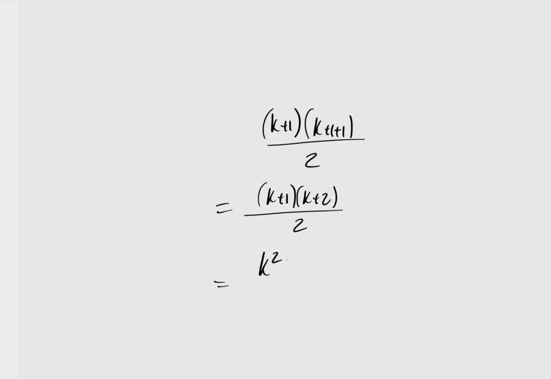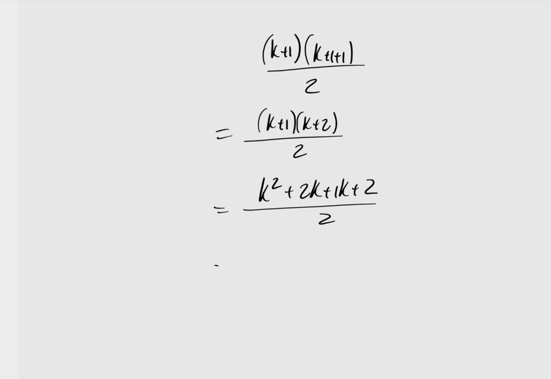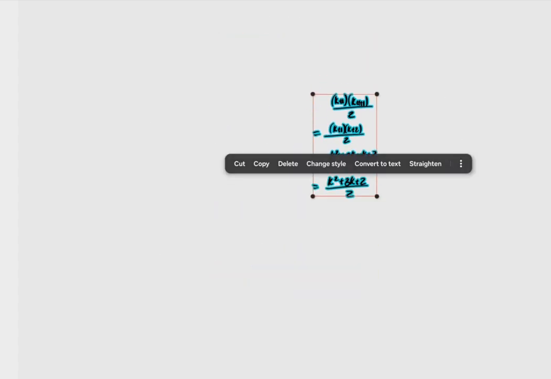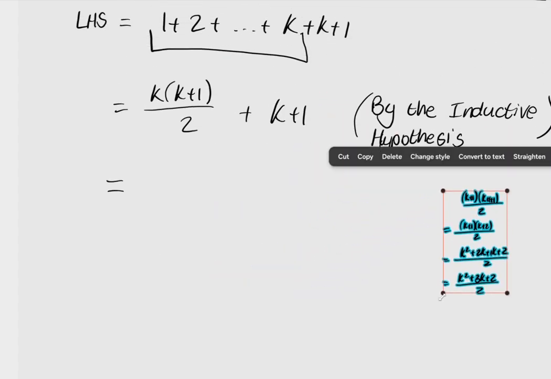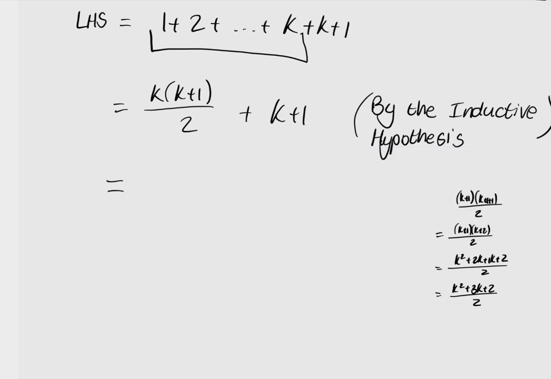Then we simplify: k squared plus 2k plus k plus 2, which is equal to k squared plus 3k plus 2. Keep this in mind. I'm just going to put it off to the side. Since I'm not doing this on paper, I have the luxury of dragging and dropping things wherever I want. So we're going to try to get one of these expressions from this, and then work backwards.